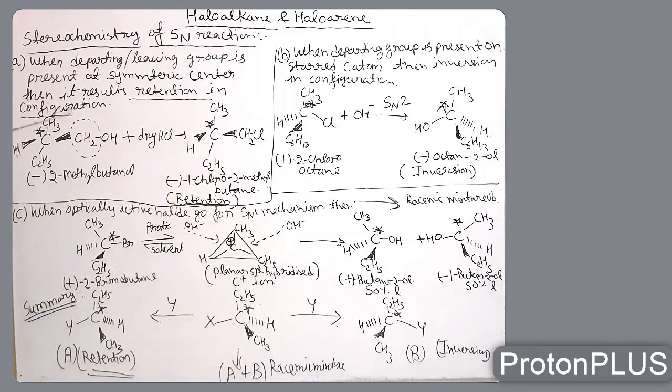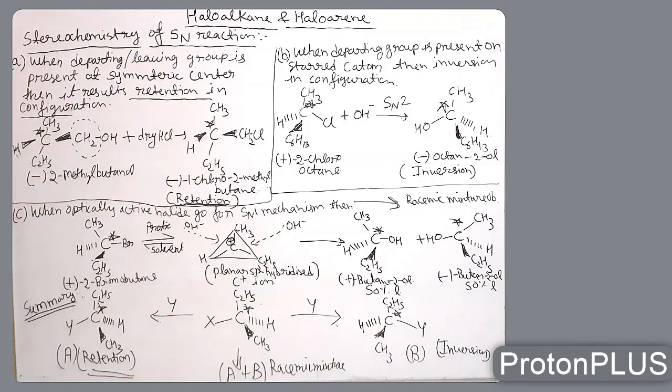Both the reactants are attacking, so the Cl group will depart. As soon as Cl departs, OH minus attacks from the opposite direction of the departing group, and it results in inversion in configuration, that is +2-chlorooctane gives -octan-2-ol.